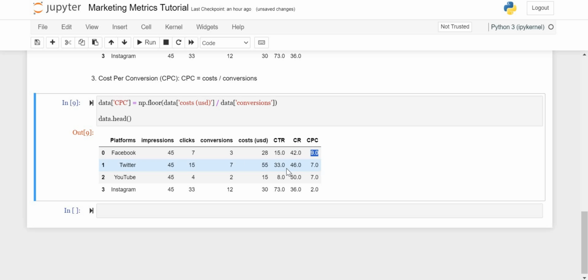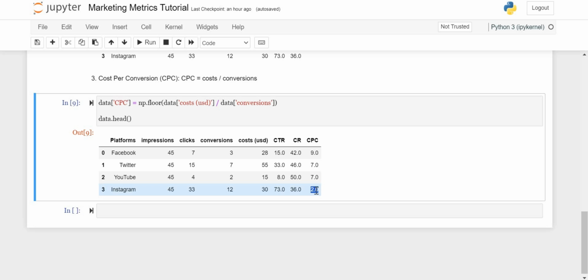Now Twitter has 33% for CTR and a CPC of $7. And Instagram has the highest CTR and the lowest CPC.